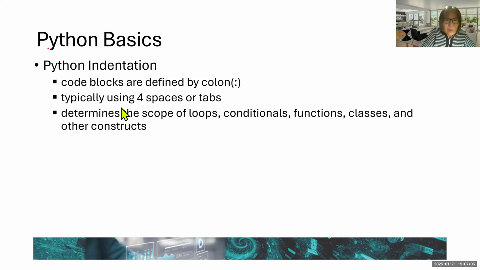Okay, so in other programming languages like Java or C++, the programming block, we call code block, is identified using curly brackets. Okay, but in Python it's different. So Python doesn't use curly brackets, it uses indentation and colon.